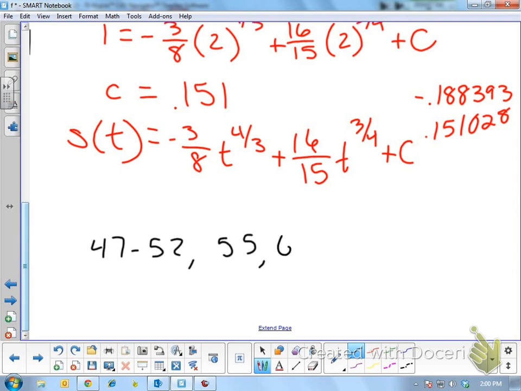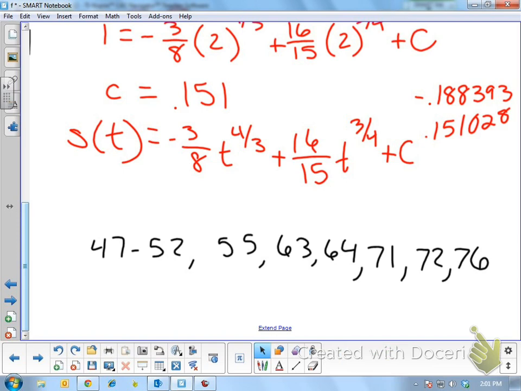These are what I would like you to do. You could do quite a few problems on this page, there's a lot of problems on this page, so if you would like to do 54 problems, you can. But I was hoping you'd only want to do like 12, 15.